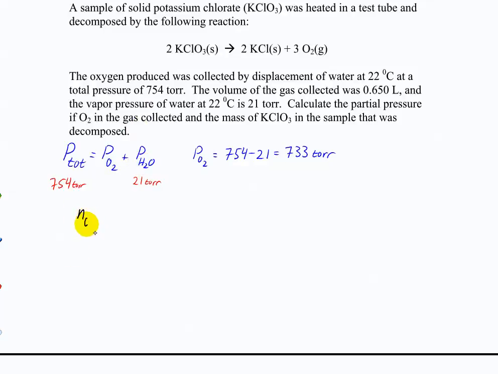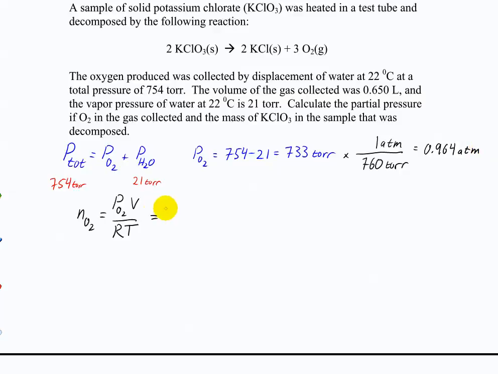So moles of oxygen equals the partial pressure of oxygen times the volume divided by RT. So let's convert that. Torr is 760 torr per 1 atmosphere, so that's 0.964 atmospheres.